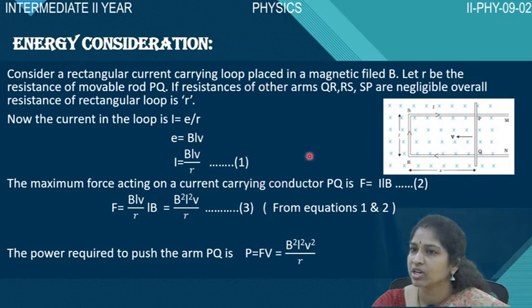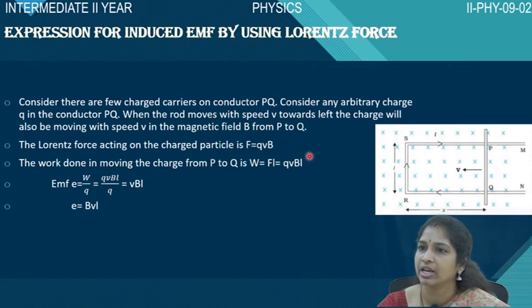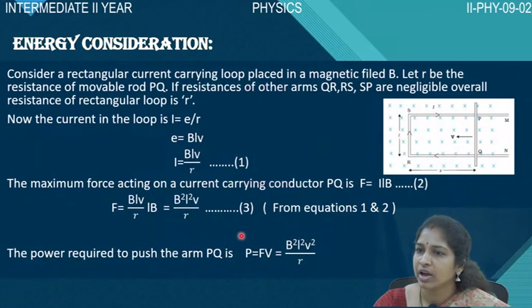What is the work that is said to be done? We have already calculated it here: work is QVBL. So when there is work, I can also calculate power. Some power is required to push against that EMF. That power is F into V, which is B square L square V square by R.